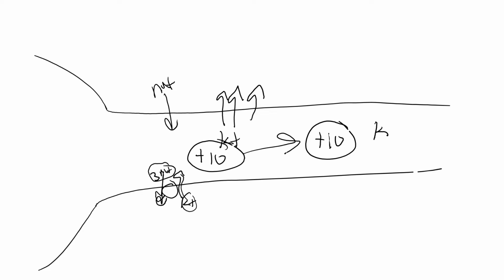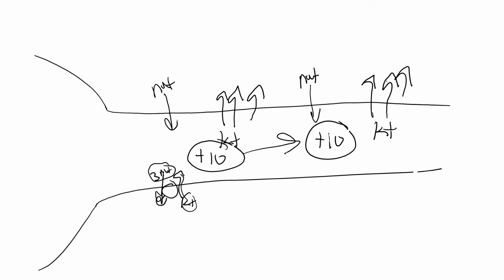What's going to happen in this region? Well, yet again, what did we do to this region? We depolarized it by 80 millivolts. We totally removed the negative electrical driving force within this region. So now potassium is going to leave from this region at a greater rate than sodium is going to come in.